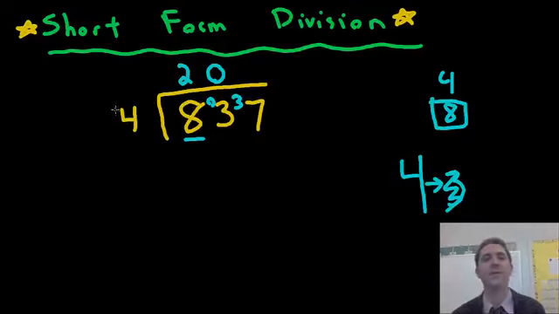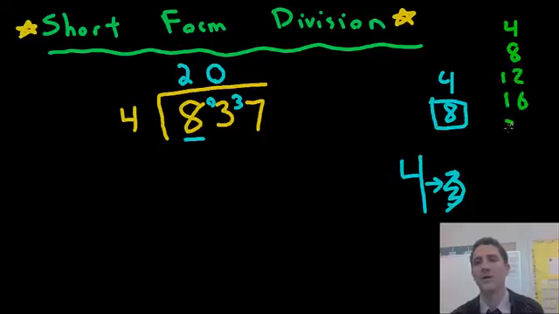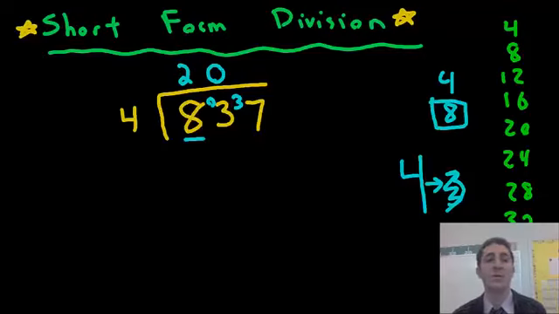Now I ask myself, will 4 go into 37? Well, let's count by 4s and see. 4, 8, 12, 16, 20, 24, 28, 32, 36. It won't fit in there one more time, that would be 40, too big. So 4 fits into 37 nine times.